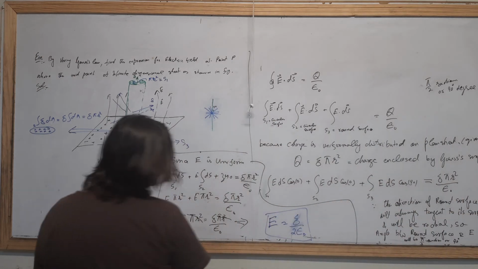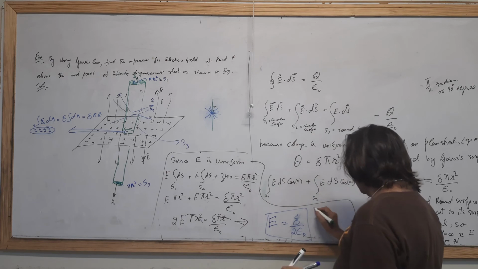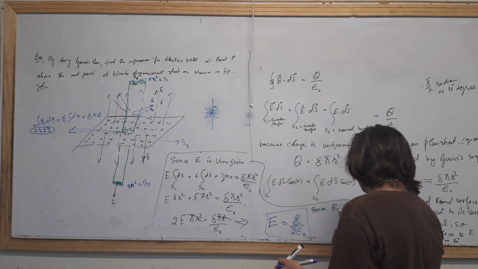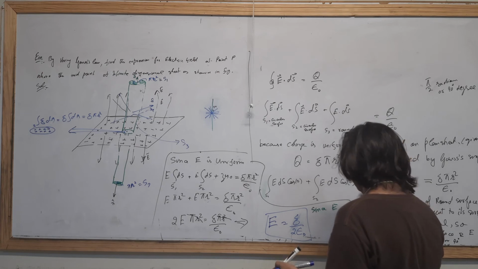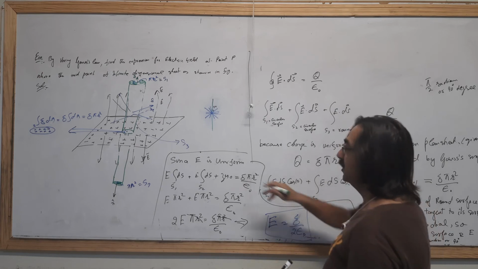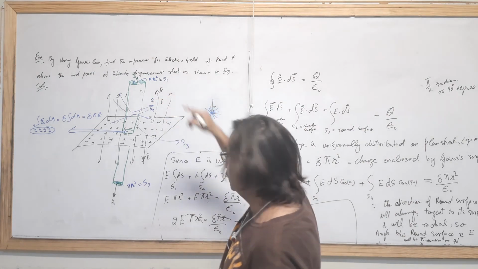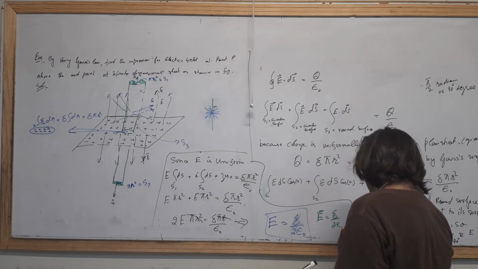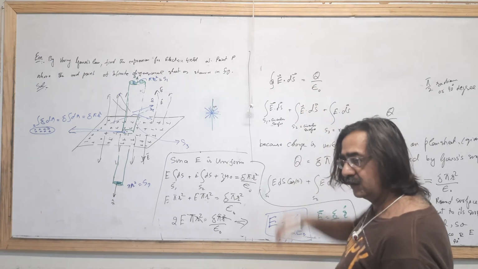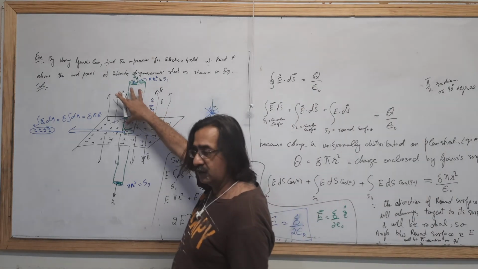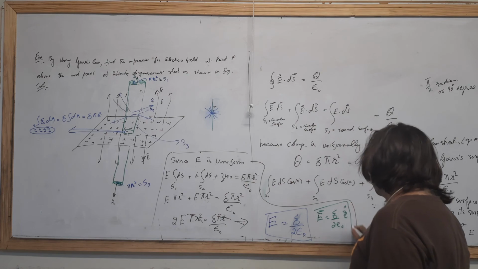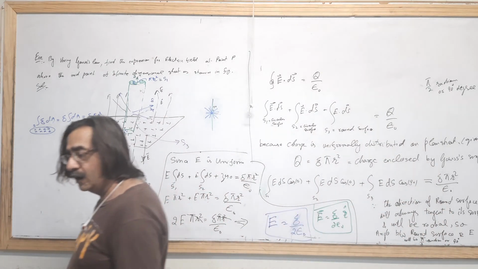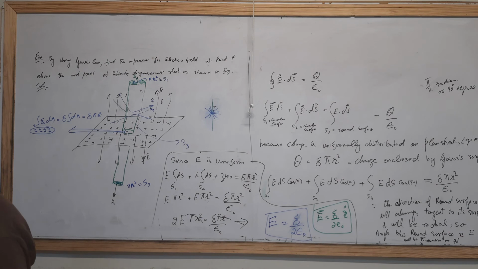Now if we consider the direction, since all E's are along this, we may say that the E vector is equal to sigma over 2 epsilon naught times the r unit vector. That is the distance, r is the length. So this is the same result you got by a very lengthy calculation using the definition of electric field intensity, but here there are very few steps.